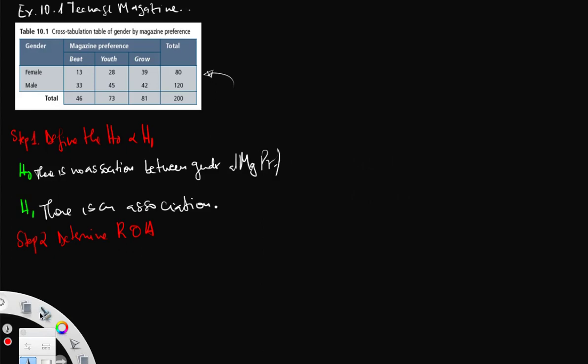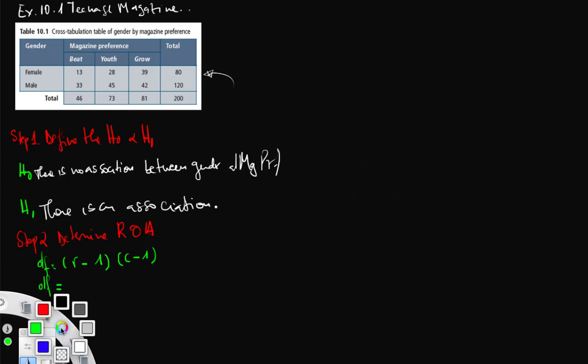For the independence test, the formula for the degree of freedom is equal to rows minus 1, bracket, columns minus 1 as well.